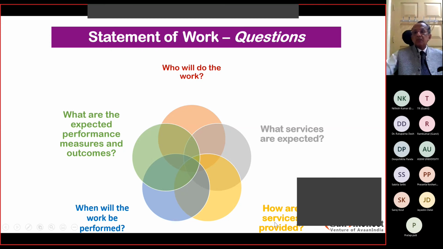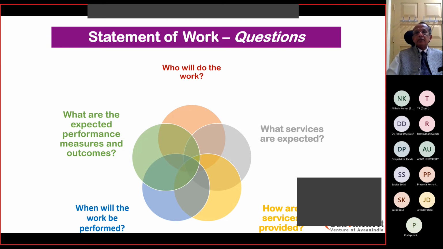How are the services provided? When will work be performed? What are the expected performance measures and outcomes? These are the questions you should keep asking yourself. That's how you can come up with answers. This is how you can come up with a statement of work.